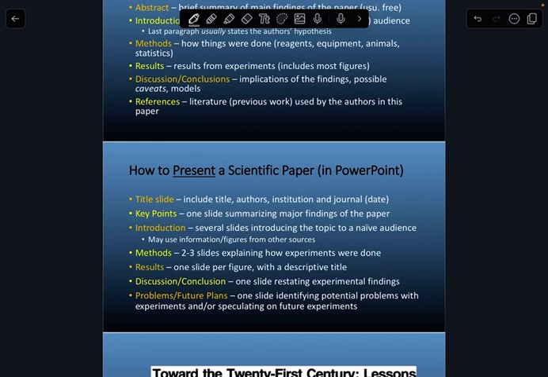So then you're going to start with the introduction. You want some slides that introduce the topic to a naive audience. You're really presenting mostly to undergraduates who are not familiar with the area. If you're doing graduate journal club, then it may be a little bit different. And oftentimes, students aren't sure, can I take something that's not from the paper I'm doing?